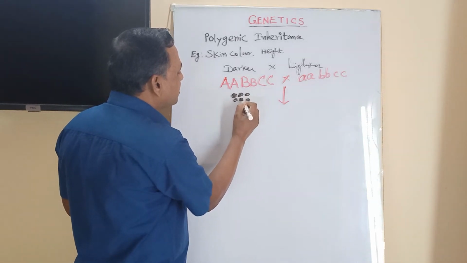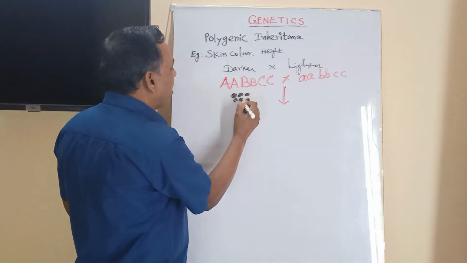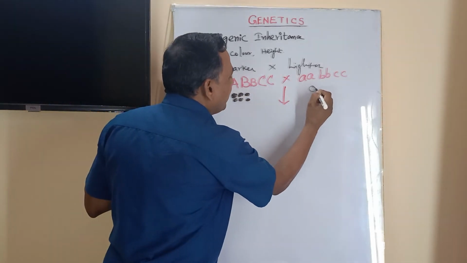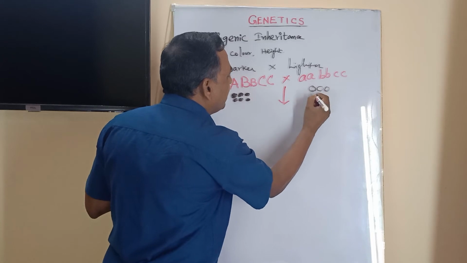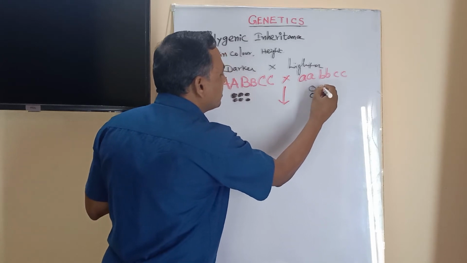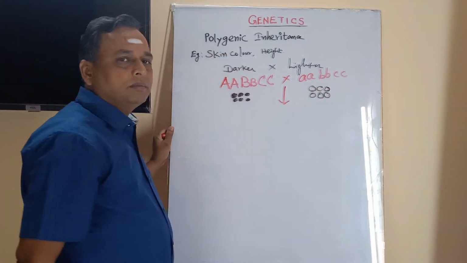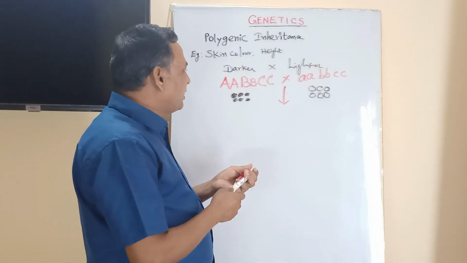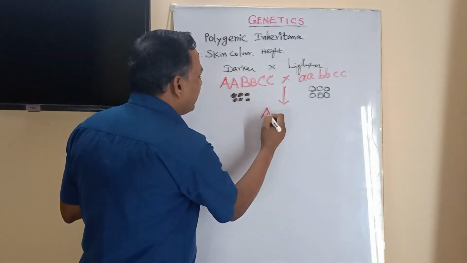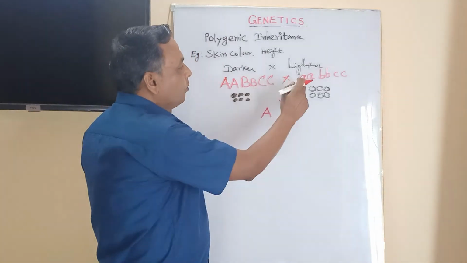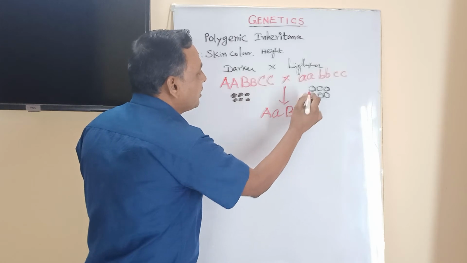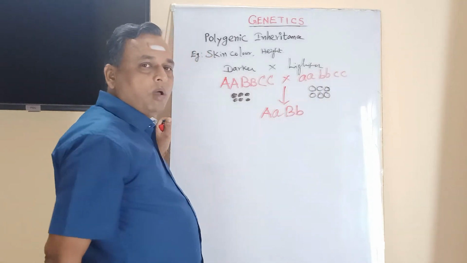6 alleles with full complete dark shades, and here we have the 6 alleles of light. When the parent is contributing their gene, one capital A from this, one small a from here. One capital B from here, one small b.